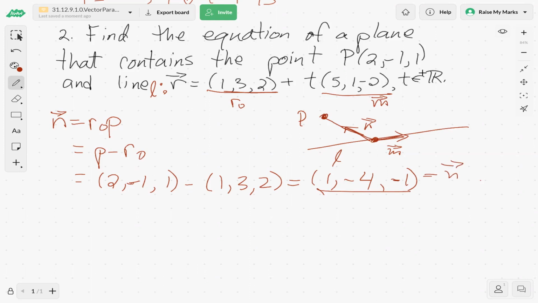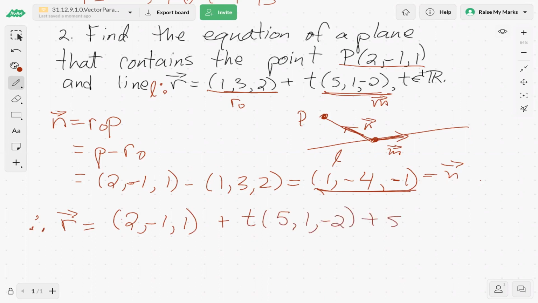Okay, so it looks like we have all the components. We have our point on our plane and our two direction vectors. So our plane goes through the point P, which is (2, -1, 1), plus our first direction vector, which is (5, 1, -2), plus our second direction vector, which is (1, -4, -1), and of course S and T are real numbers.